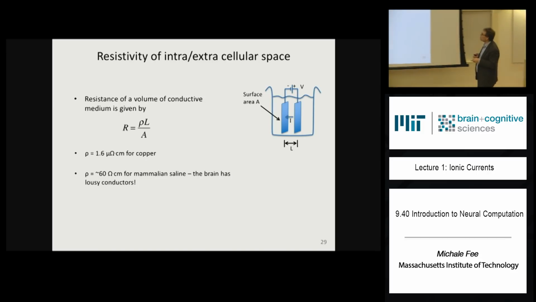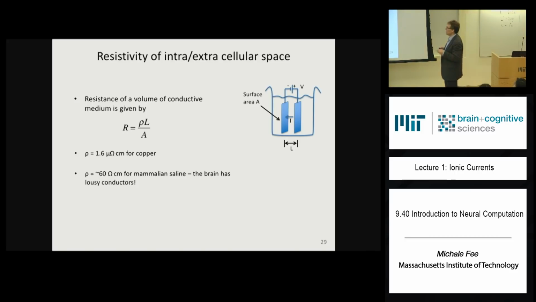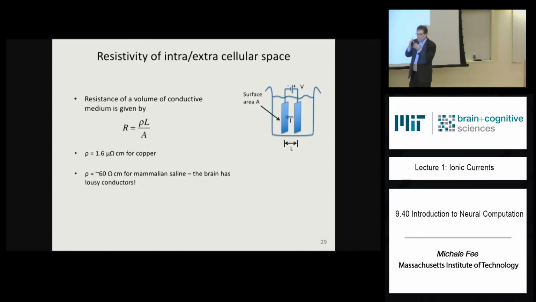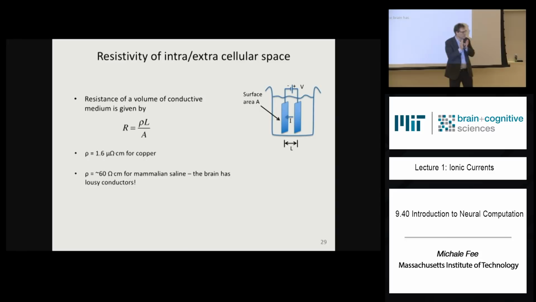Now, the resistivity of the brain is 60 ohm centimeters. That means a centimeter block of saline solution, intracellular or extracellular solution, has a resistance of 60 ohms instead of 1.6 microohms. It's more than 1,000,000 times worse.